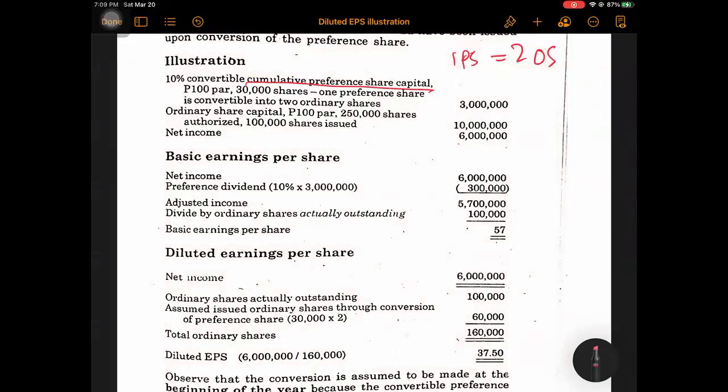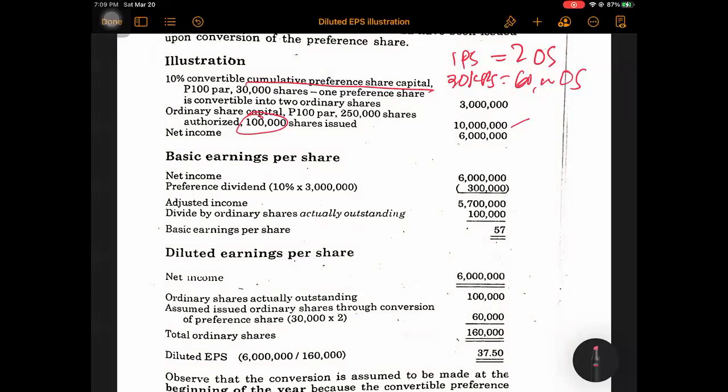That's 30K preference shares. So that is equal to 60,000 ordinary shares. Because again, in the computation of diluted earnings per share, we assume that it is converted into ordinary shares. You have the actual issued ordinary shares na 10 million or you have a total of 100,000 shares. You have net income of 6 million.